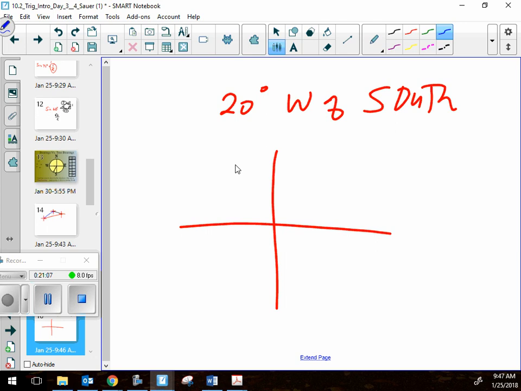Try to figure out where 20 degrees west of south would be. Hint, start at south. Draw it. Is it like here? Figure out what direction you're telling that guy to go. It's not there. Draw it. Don't just sit there.